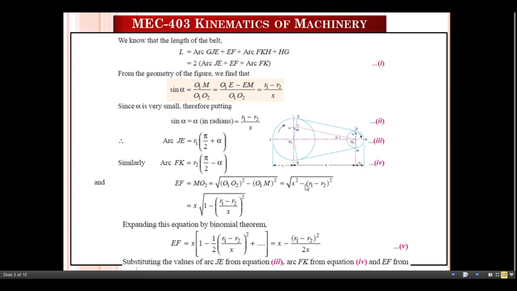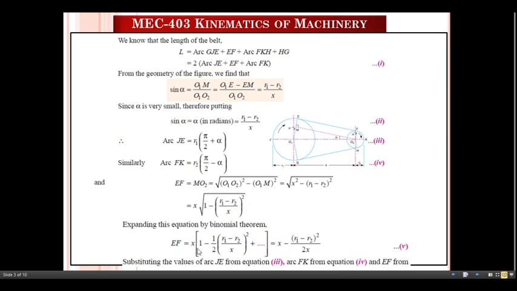Now if I take X common, EF is X into the square root of 1 minus (R1 minus R2) divided by X, whole squared. Now expand this term using the binomial theorem, keeping X as it is, with 1 minus (R1 minus R2) by X whole squared raised to half.